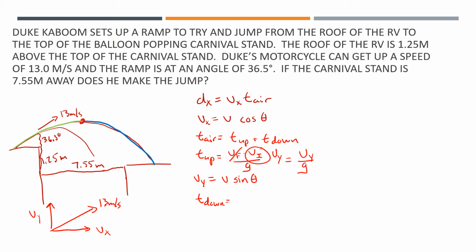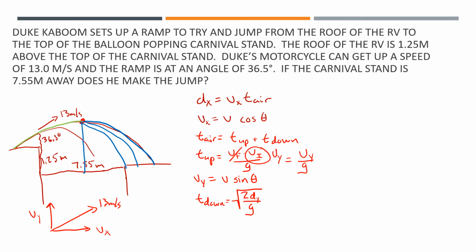We want to know basically the time it takes to fall. Because remember, the time it takes to come down from here is the exact same for every single one of these different pathways, and the time it takes for something to fall is always going to be the square root of 2 dy over g. Okay? Use that equation a bunch. That's going to help me find how long it takes me to come back down to the ground.